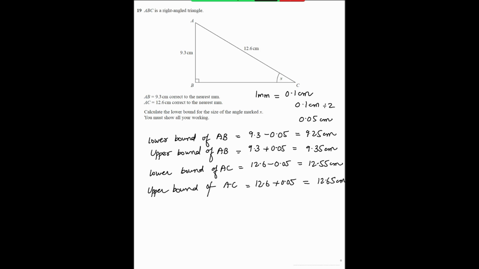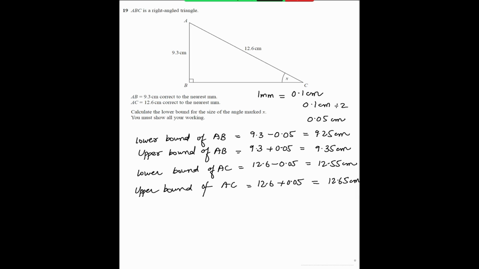So for the lower bound of angle X, because it says calculate the lower bound for the size of the angle marked X, to get the smallest possible angle we want the smallest opposite and the largest hypotenuse, which means that sin X equals opposite over hypotenuse. Opposite to angle X is 9.3 centimeter, but here we have to take 9.25.